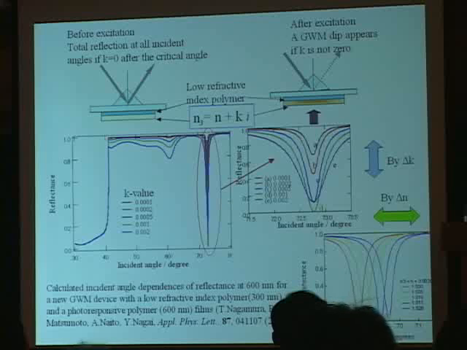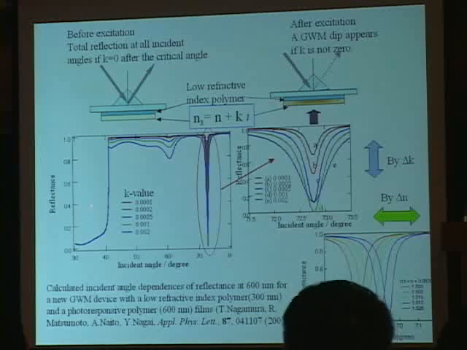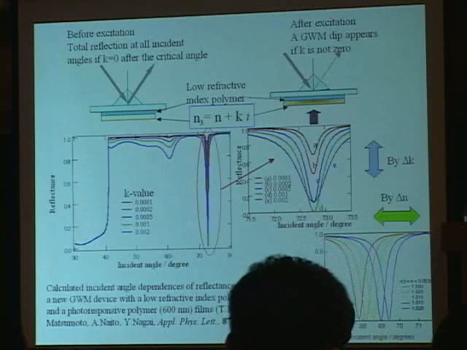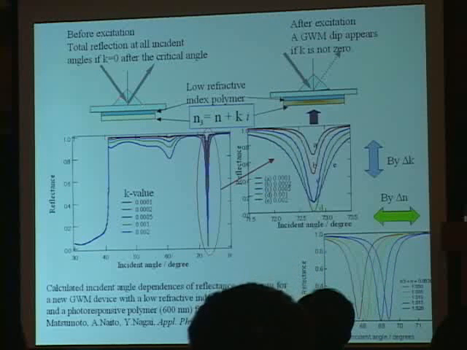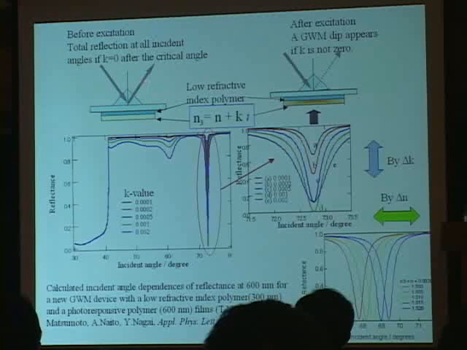At a relatively large incident angle, there is a very, very sharp decrease of reflectance as shown here. And this is also due to the formation of a guided wave mode, which is caused by interference of two lights, coming and reflected.